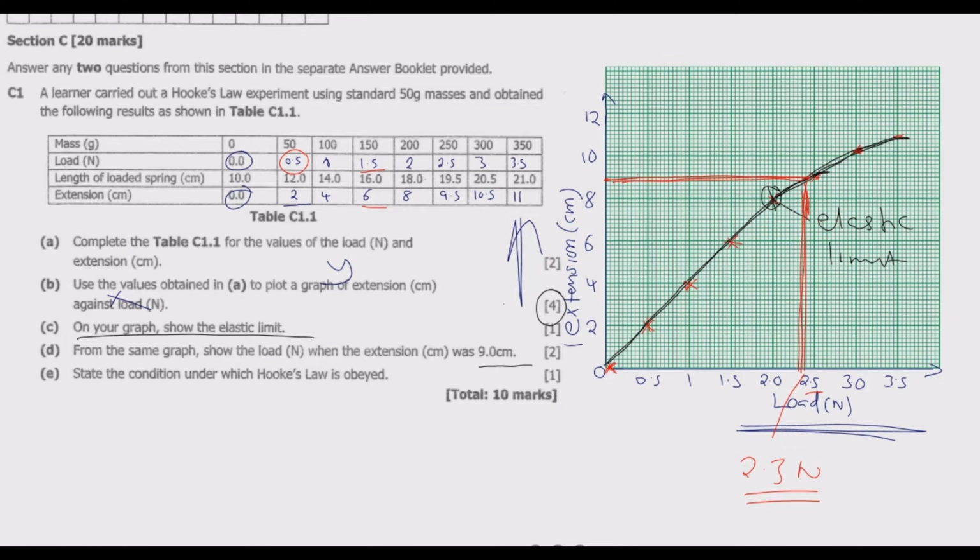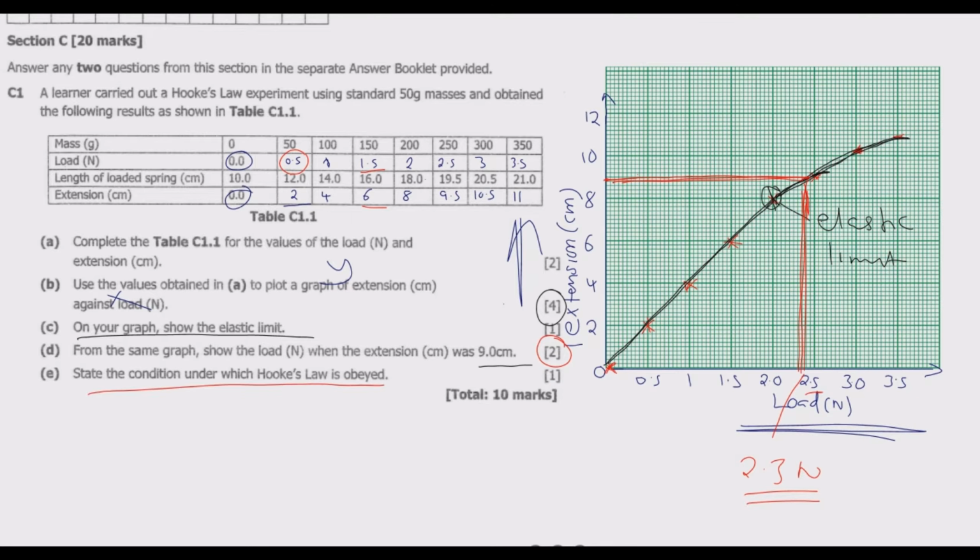So use the ruler and draw a smooth line, just one line using a pencil, because I'm sketching here, so it may not be as clear as possible, but you do that, then you get the 2 marks. Then let us look at question E. State the condition under which Hooke's law is obeyed.